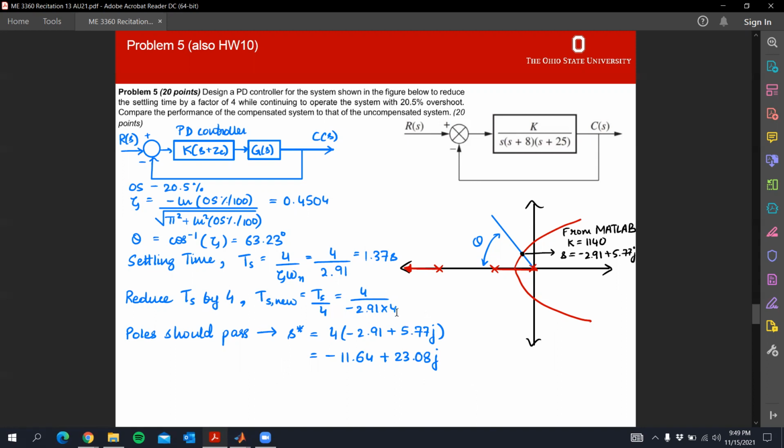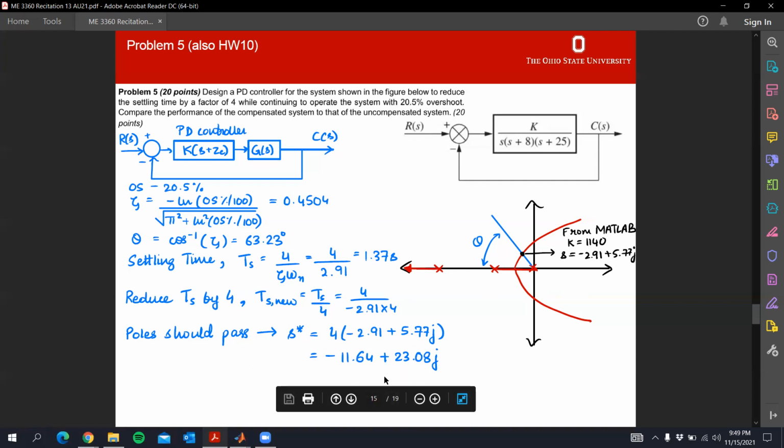So in a way, what we need to do is find the point that our root locus needs to pass through to get this new settling time. This new point that the root locus should pass through, S star, is nothing but 4 times our old pole position, right?